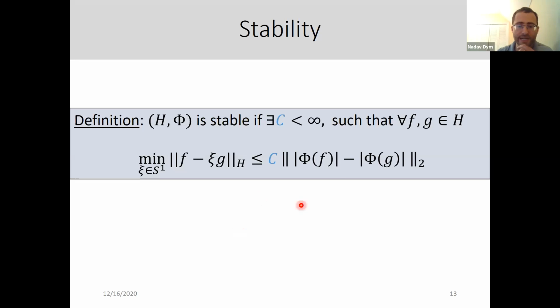On the right-hand side, you have a distance which you get from taking the magnitude of the measurements. The question is whether there exists some Lipschitz constant here and how big it is. We call this the stability constant. Okay, so that's stability.